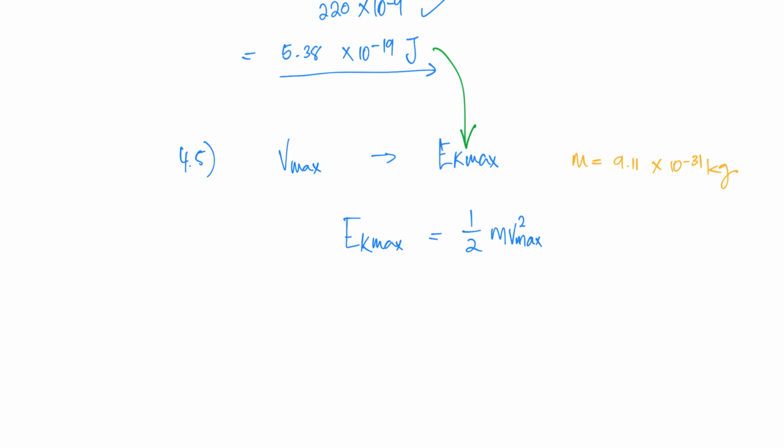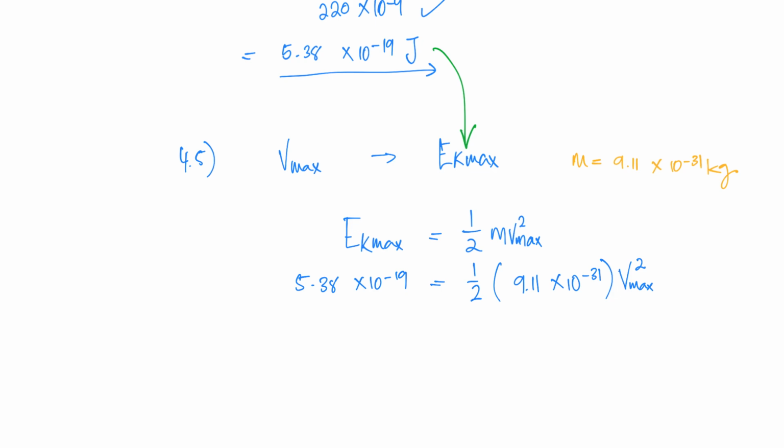So I substitute those values in. EK max was 5.38 times 10 to the power of negative 19, which is equal to a half multiplied by 9.11 times 10 to the power of negative 31 times V max squared.